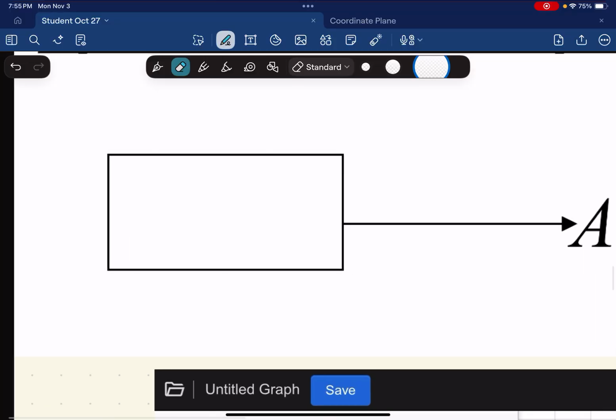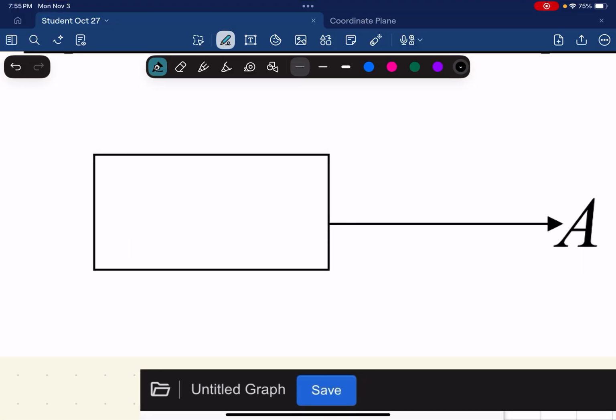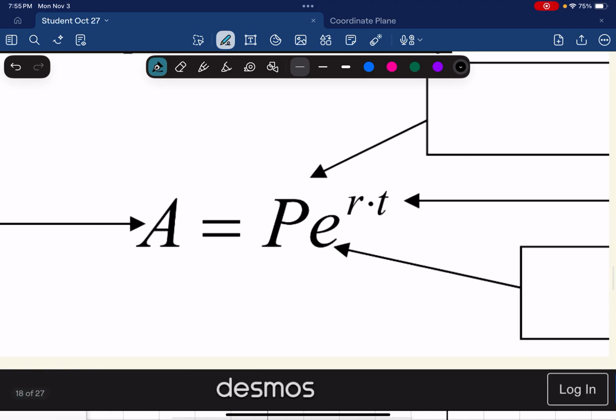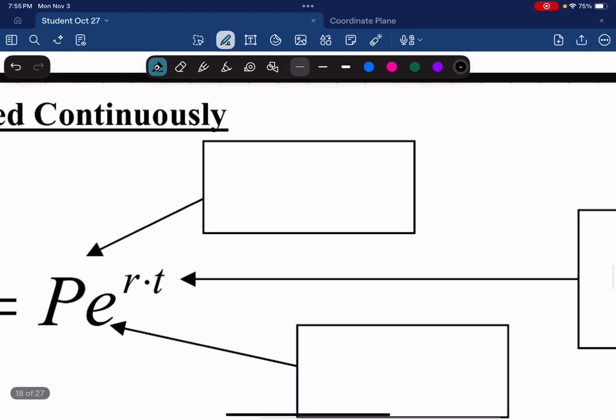A is the new amount, just like before. P is your principal, which is still your starting amount, just like in the last equation.